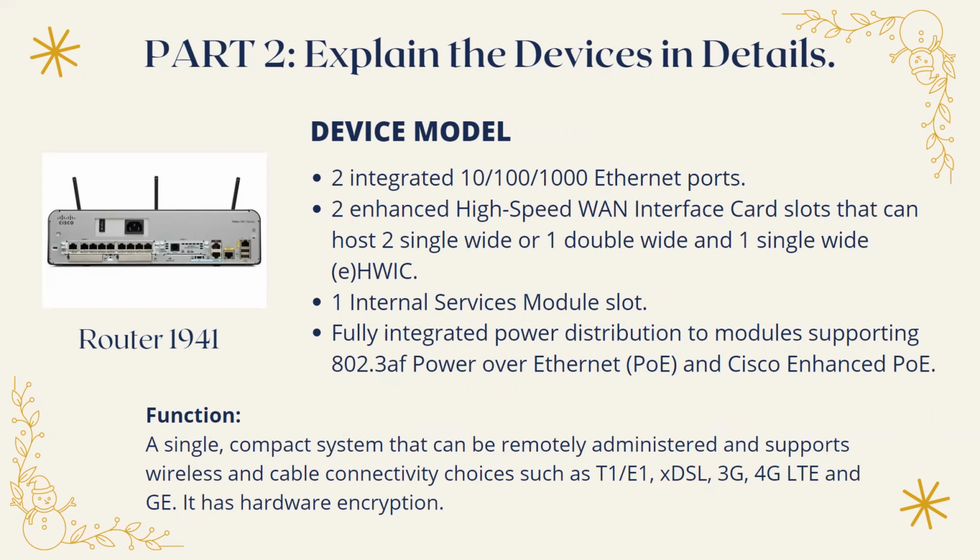For the function, a single compact system that can be remotely administered and supports wireless and cable connected tools such as T1, E1, xDSL, 3G, 4G, LTE, and GE. It has hardware encryption.